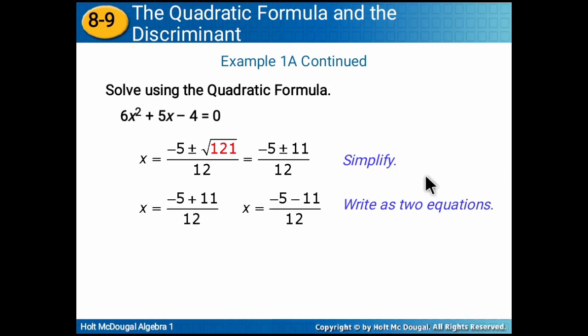So, we have two solutions: negative 5 plus 11, and negative 5 minus 11, all divided by 12. Write as two equations, and solve each equation. So, this is the answer. You have two roots.